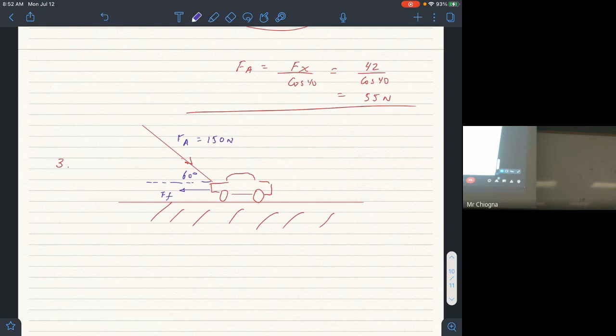Okay, plus this component. This is an FX. They're pointing in the same direction. Oh, pardon me. They're pointing in opposite direction, just like the equation above. So you have FX pointing to the right. And friction pointed to the left.